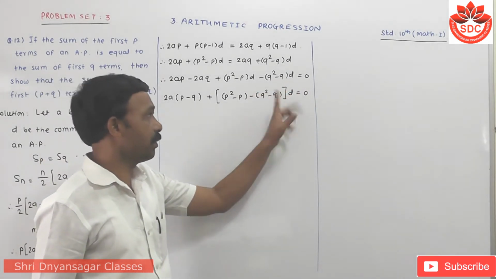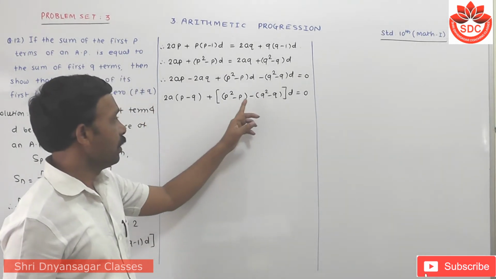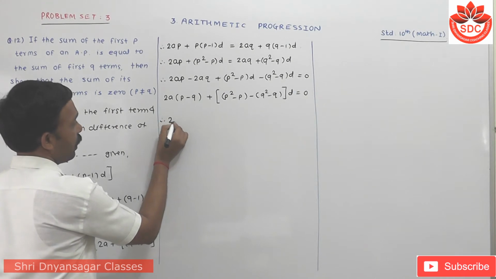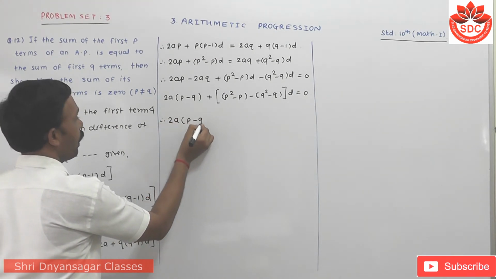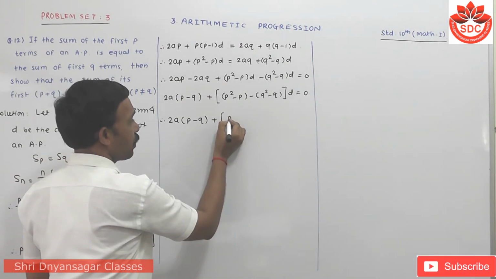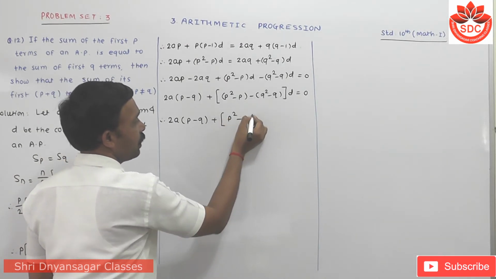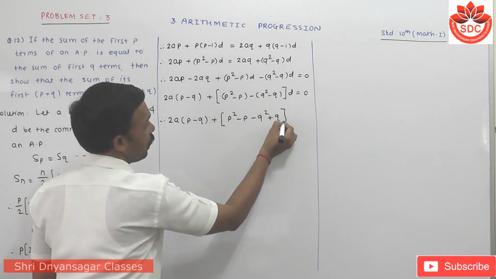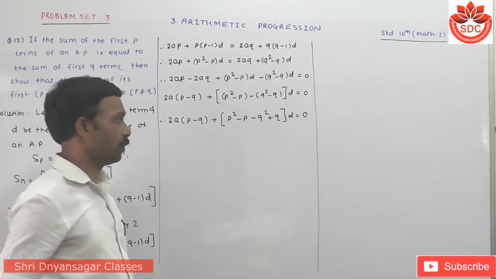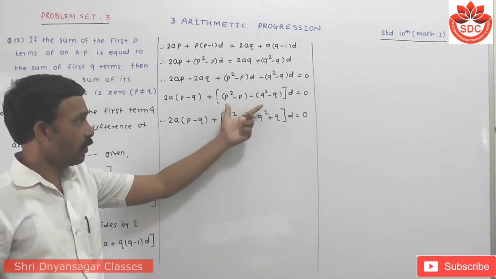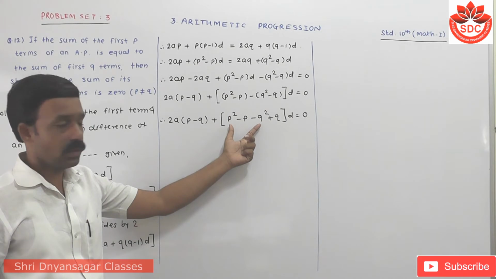Take d common here. Then this minus sign changes the signs of this bracket, so write twice a in bracket p minus q plus, here is p square minus p minus q square plus q into d is equal to 0. Student, look carefully, calculations are there, but they are also simple.